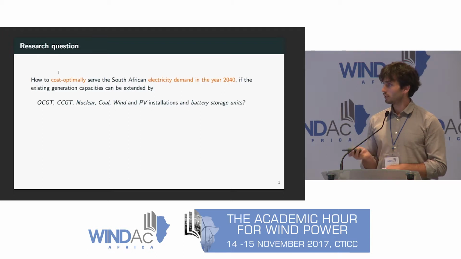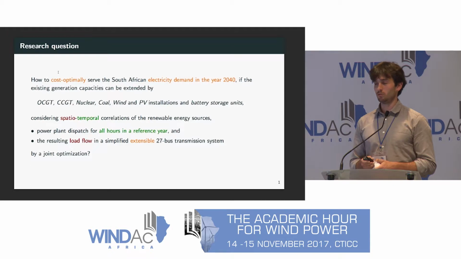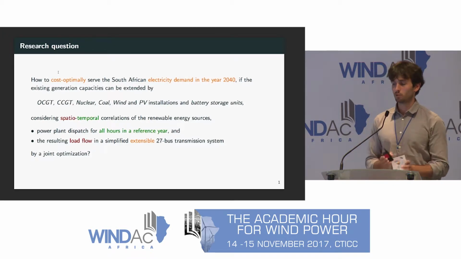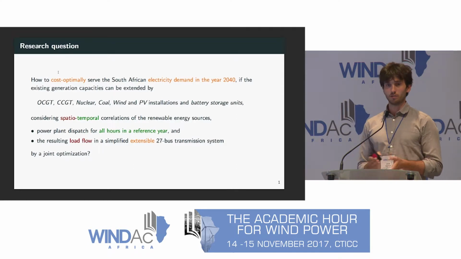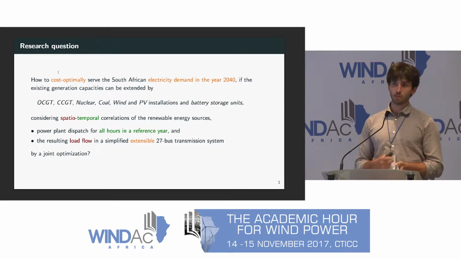But you have to do it more or less at the same time. So you want to take into account the spatial and temporal correlations of the renewable energy sources and the load, which means that we want to optimize the power plant dispatch for a full year.